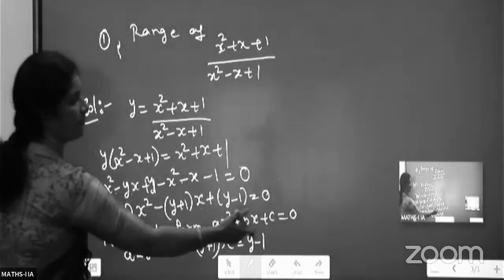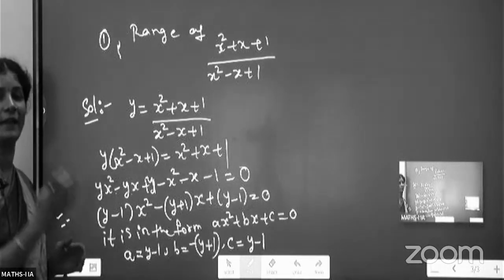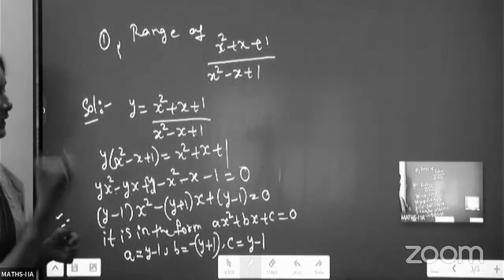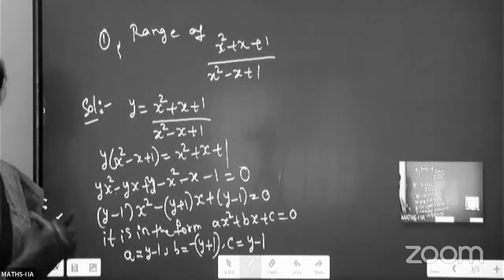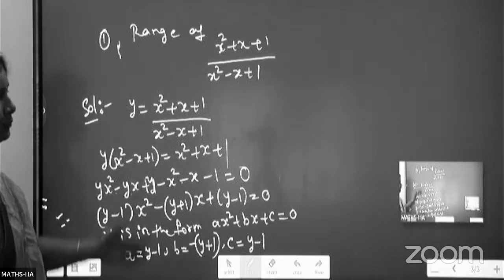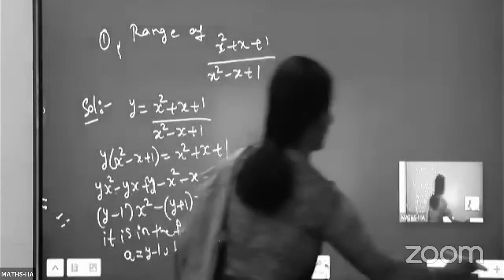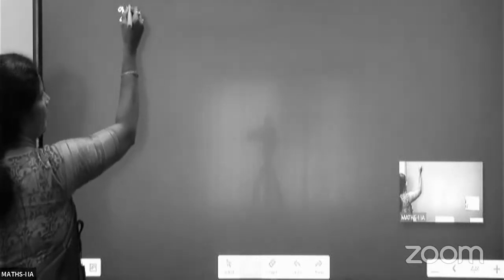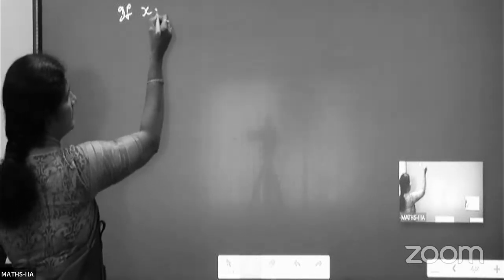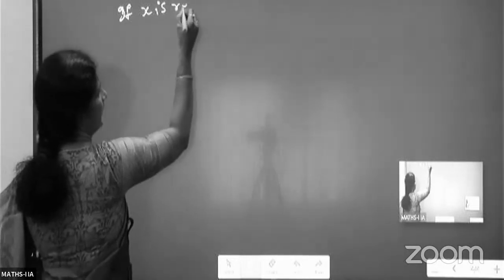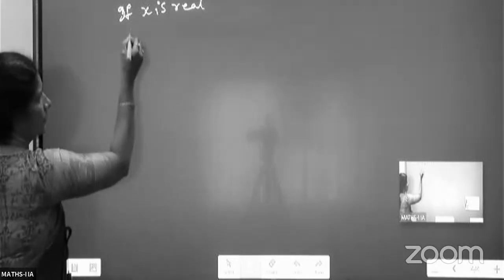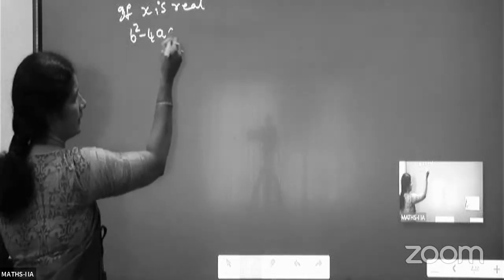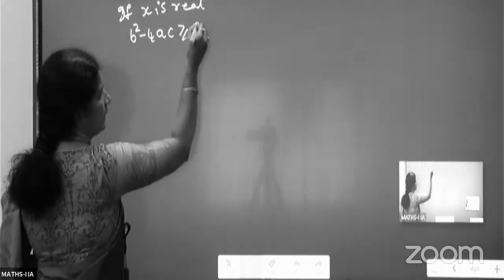So after converting into the standard form, for finding range, we have to apply a condition. What is that condition? If roots are real, how you have to approach this? Now here you have to write, if x is real, we know delta, that is b square minus 4ac greater than or equal to 0.